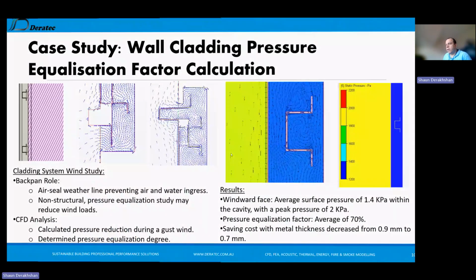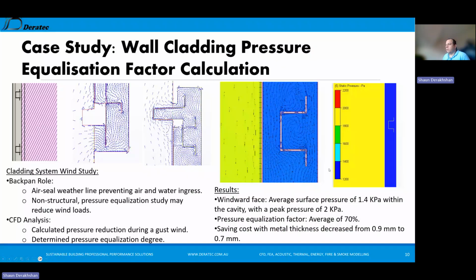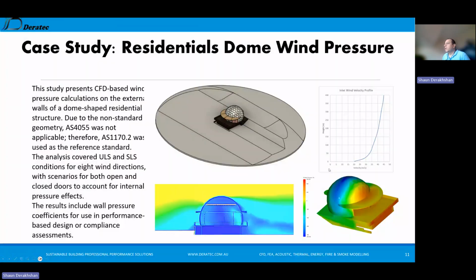Here anyway, we use again the boundary layer velocity profile to apply for terrain. Is it based on terrain in that New South Wales area? We model for 8 directions or 16 directions of wind, and we capture the surface pressure.